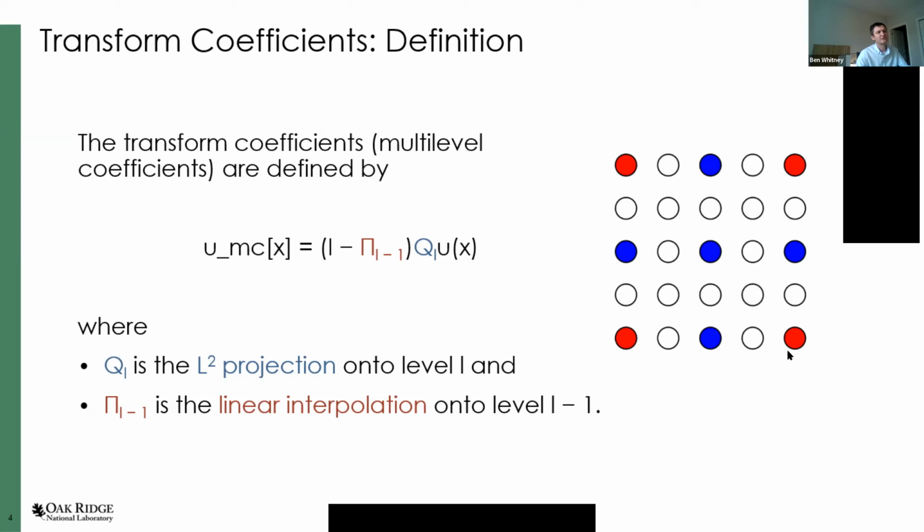So we start with the L2 projection onto that level. And then we compute this pi_{L-1}, the linear interpolation onto the level below. So we go from the red and blue nodes to just the red nodes. We interpolate, and then we subtract. And this difference is the set of transform coefficients, the multi-level coefficients corresponding to the present level, and then we iterate and go to coarser levels.